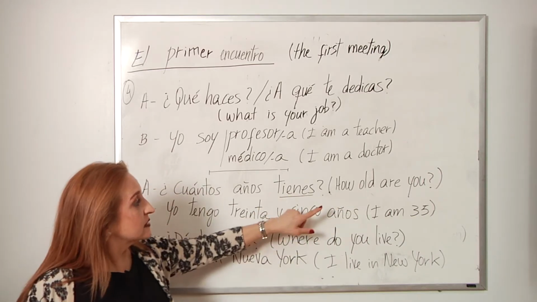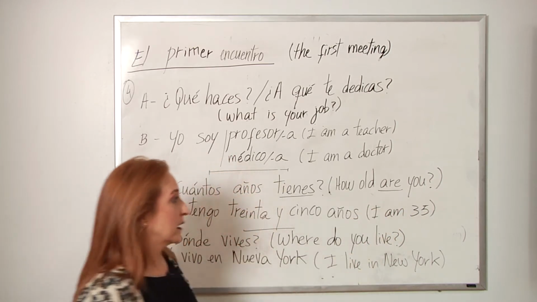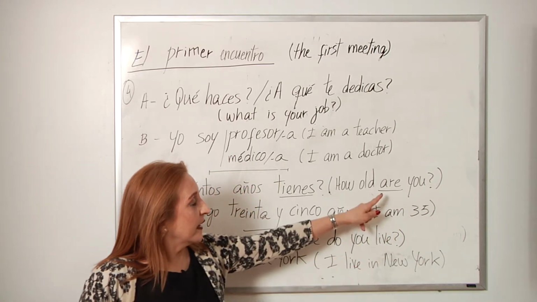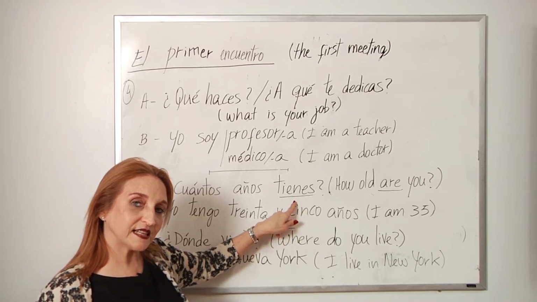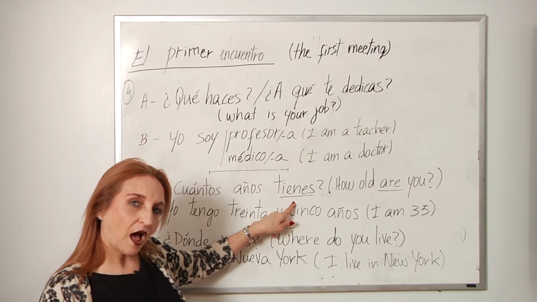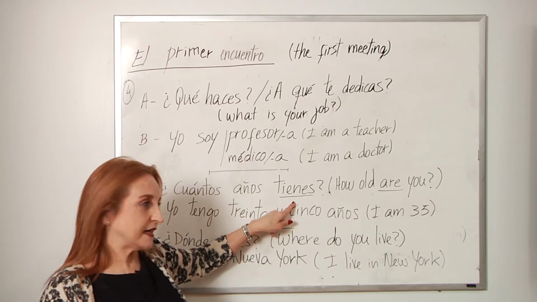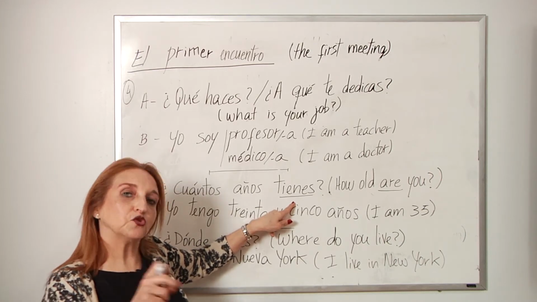Pay attention, because in English you say are, because it's the verb to be. And in Spanish you say tienes. Tienes is have. That means in Spanish this question, how old are you, you ask like how many years do you have?